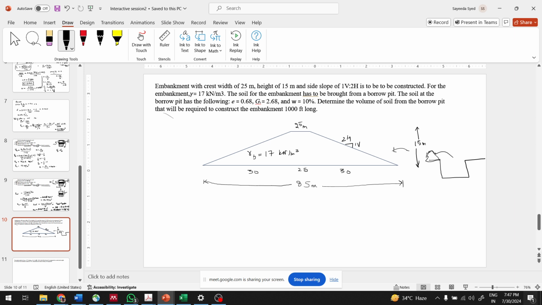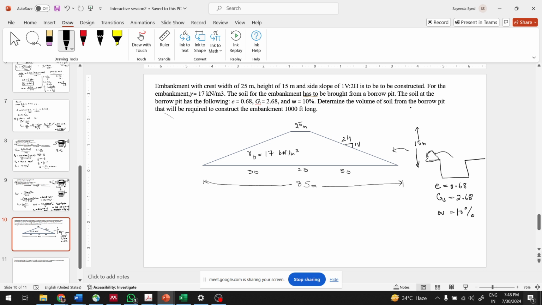And the soil at the borrow pit has the following properties. E is 0.68, Gs is 2.68, and w is 10%.